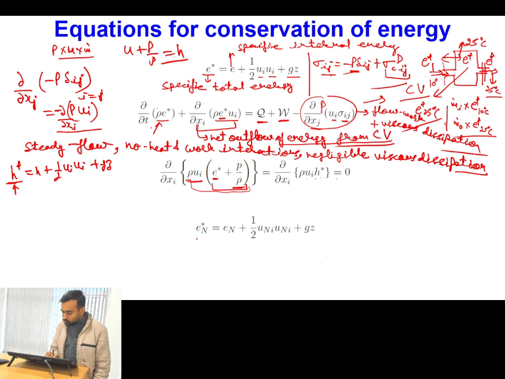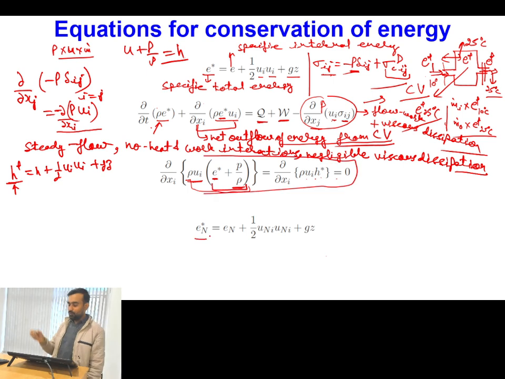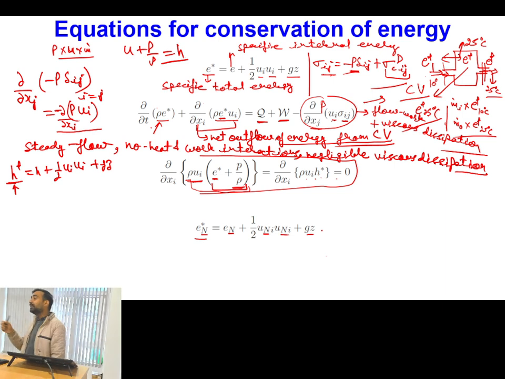When I am writing this total specific energy for multi-phase flow, I have now added one additional subscript, and that additional subscript is n, with reference to the phase which we are considering. It can happen in a control volume that one particular phase is at T1 temperature, the other phase is at T2 temperature.